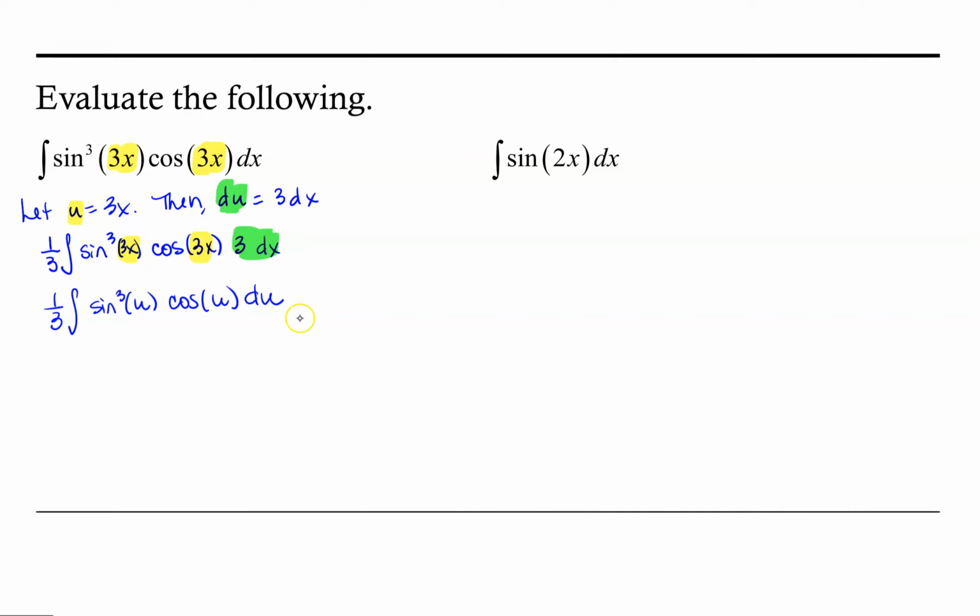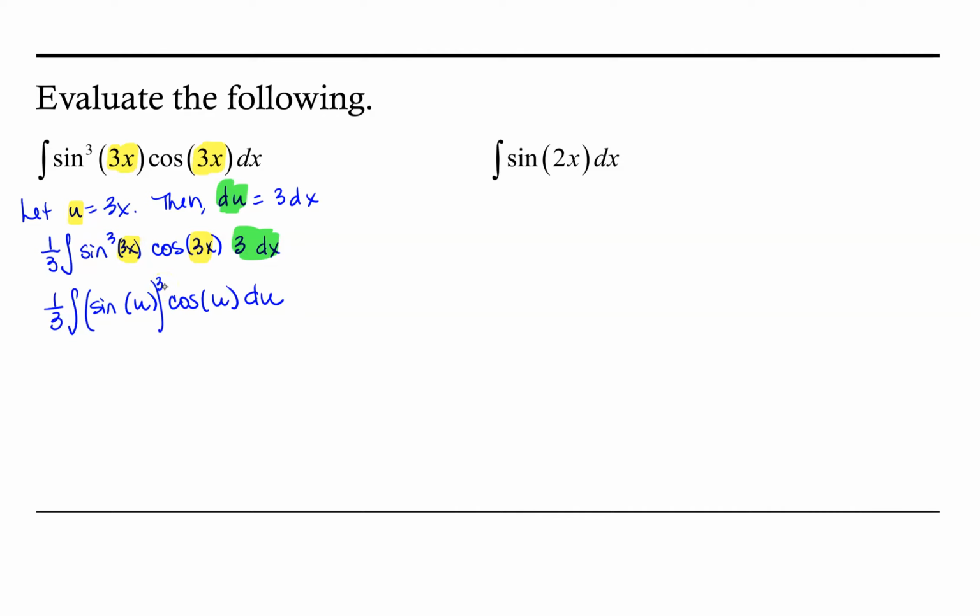Now, let's simplify this a little bit, but I still have to deal with the fact that I have sine cubed, which maybe is more easily understood writing it that way, as sine of u cubed. So I still have another composition of functions occurring here within this cubic function.